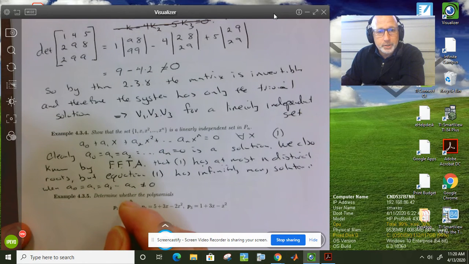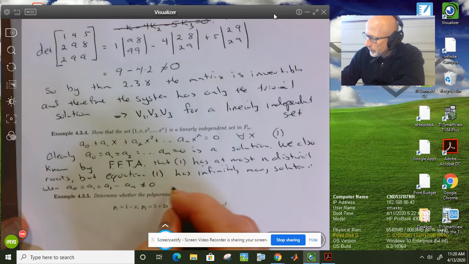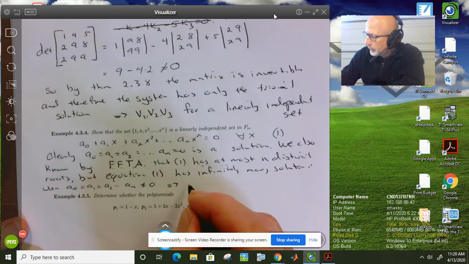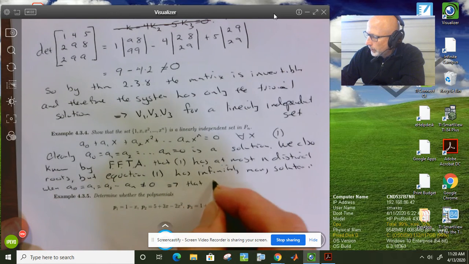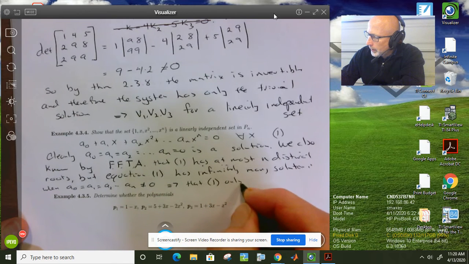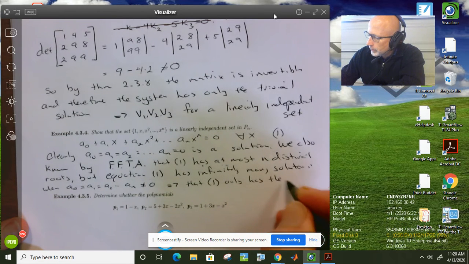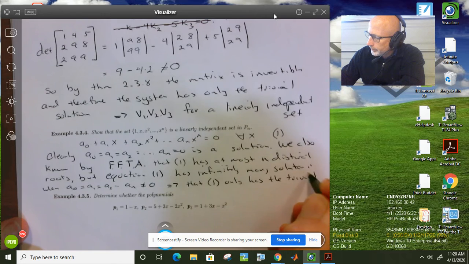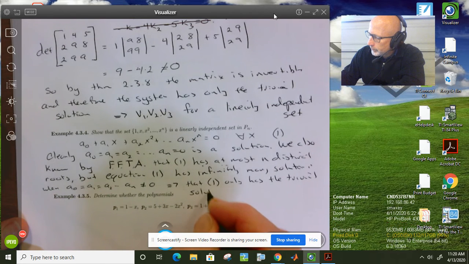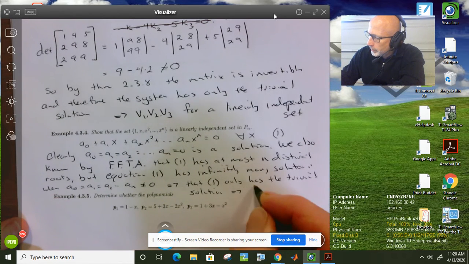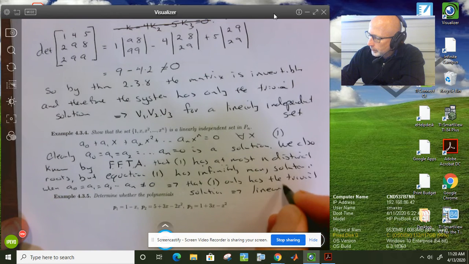And that's a contradiction. So what does it mean? This implies that equation 1 only has the trivial solution, therefore linearly independent.